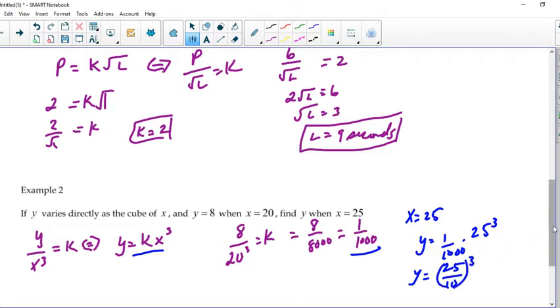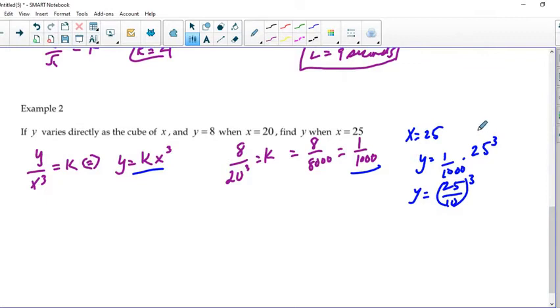There's a lot of ways to skin the cat. You could cube 25 and divide it by 1,000 if you know 25 cubed. But this is a little nicer because this is going to reduce really nicely to 5 over 2 cubed. And that's going to be 125 over 8.